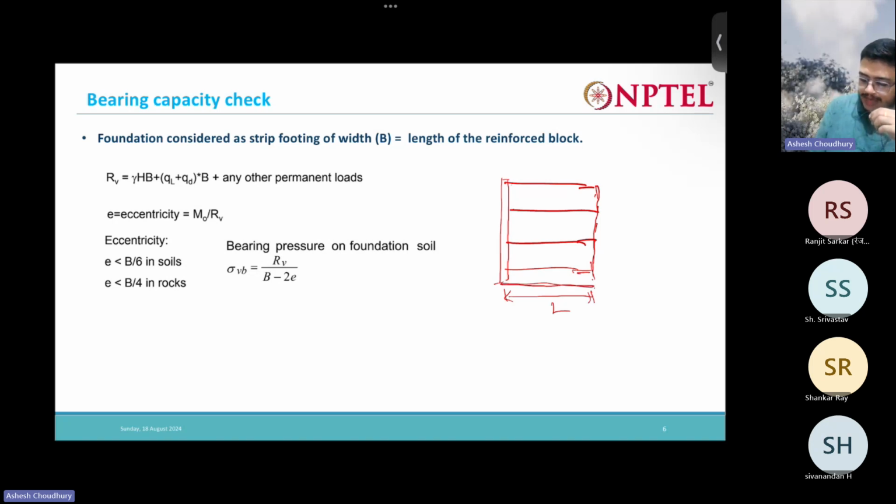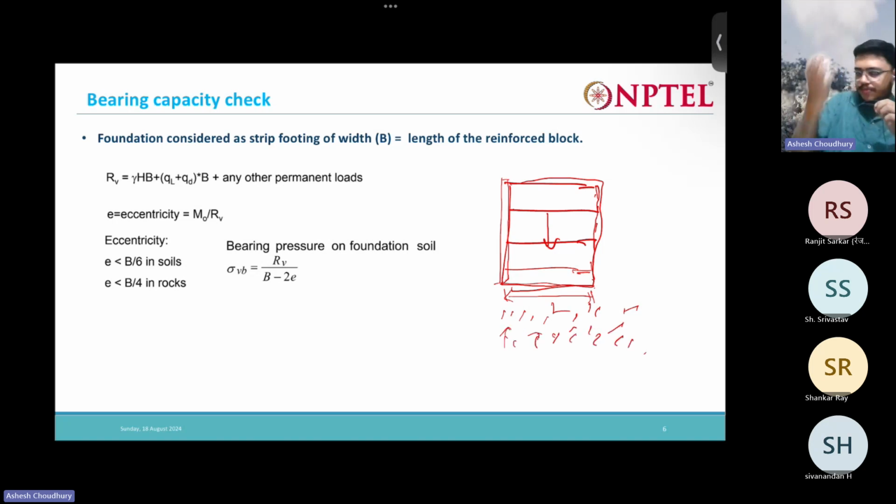The weight of this reinforced soil block gives some vertical pressure onto the foundation soil. So we have to consider the weight of the reinforced block.